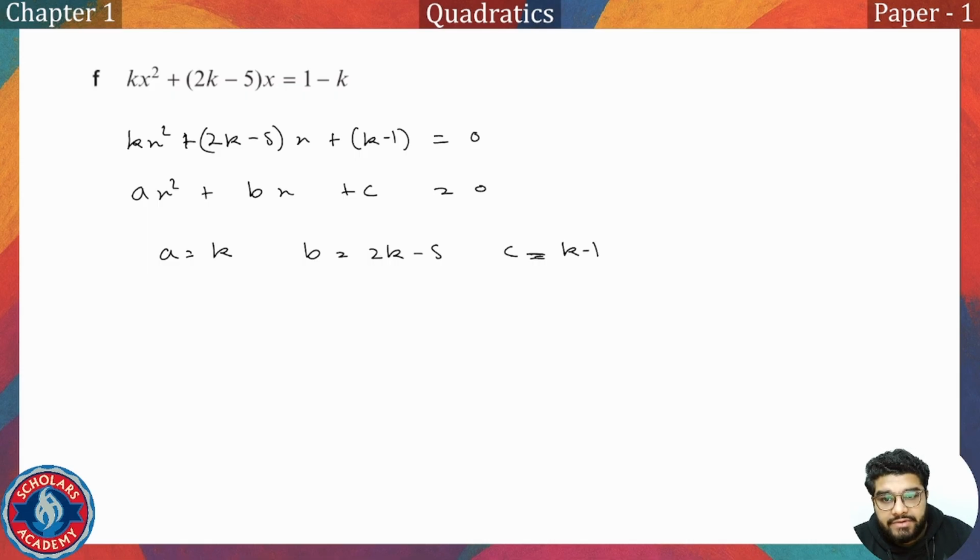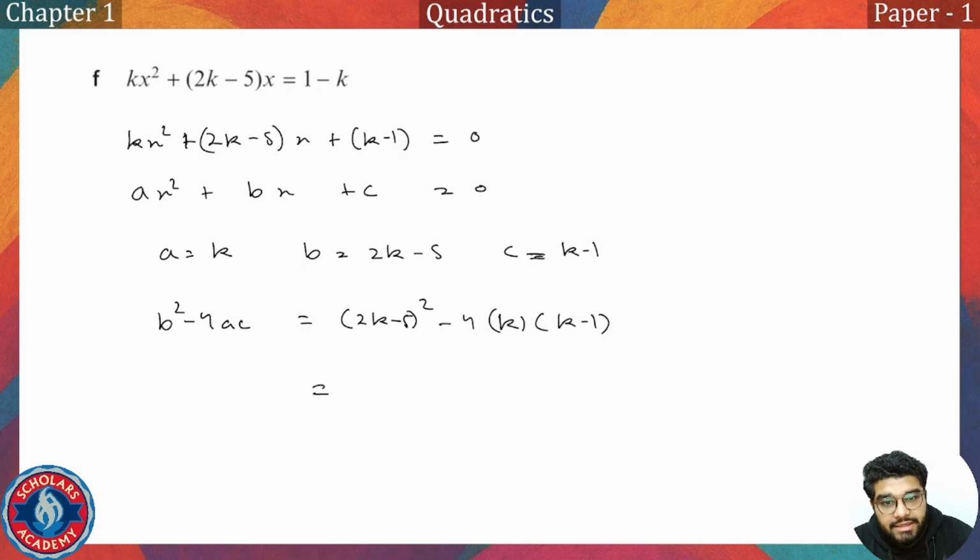So I'll find the value of discriminant b square minus 4ac. So b square minus 4ac is equal to square of b, that is 2k minus 5, and minus 4 times a, that is k, and c, k minus 1, right?